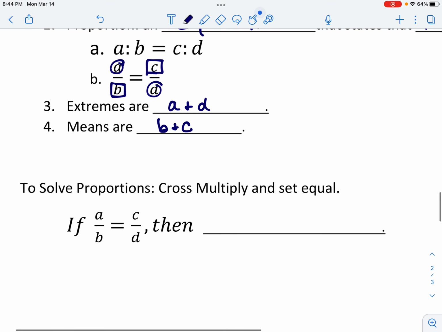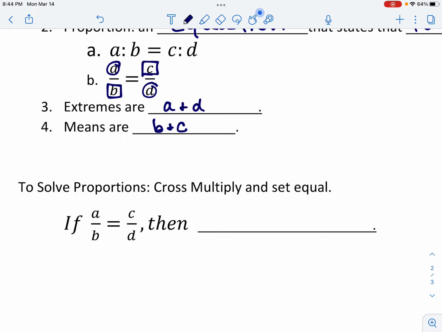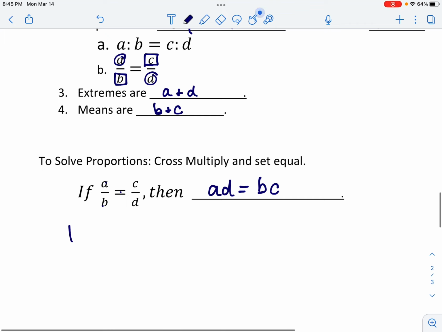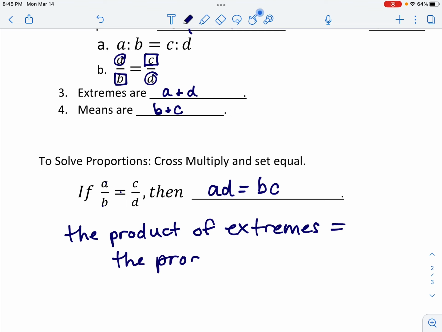To solve proportions, you cross multiply and set equal. If A over B equals C over D, then A times D equals B times C. That means the product of extremes equals the product of means.